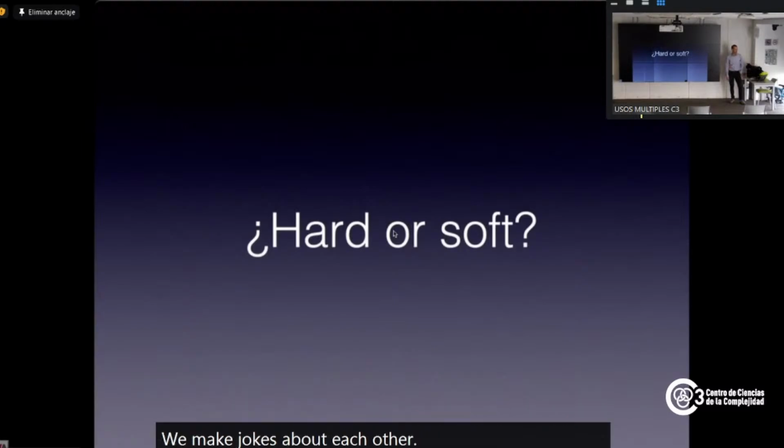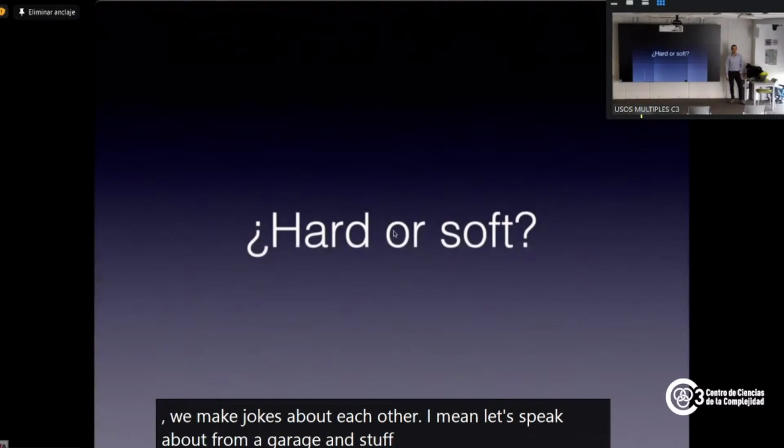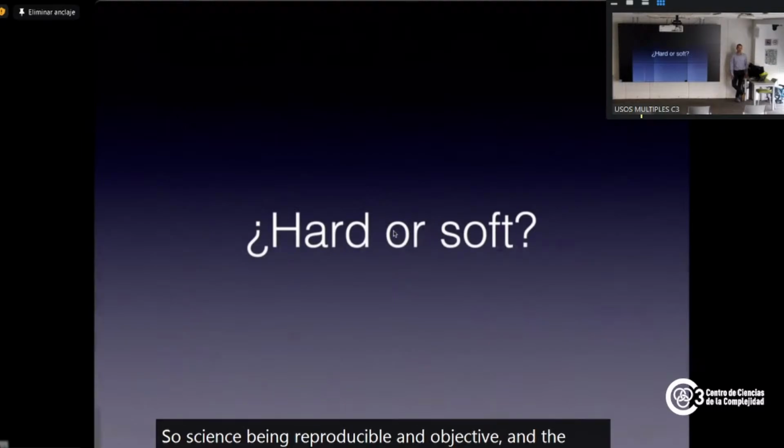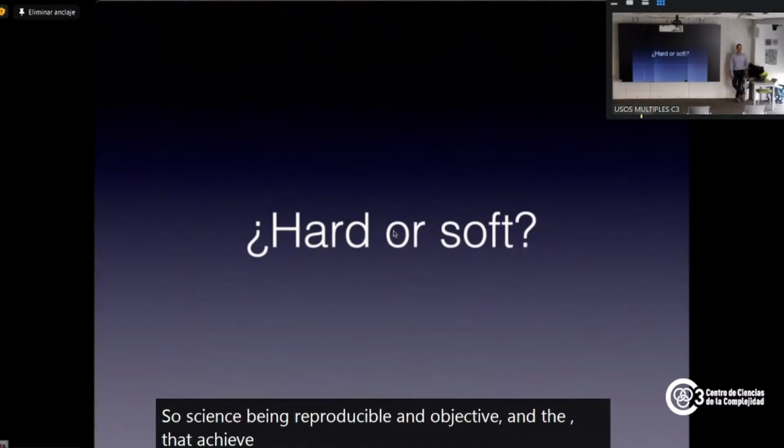Let's speak about some of the origins of the differences. Science aims at being reproducible and objective and predictive and many other things that it achieves to different degrees of success.